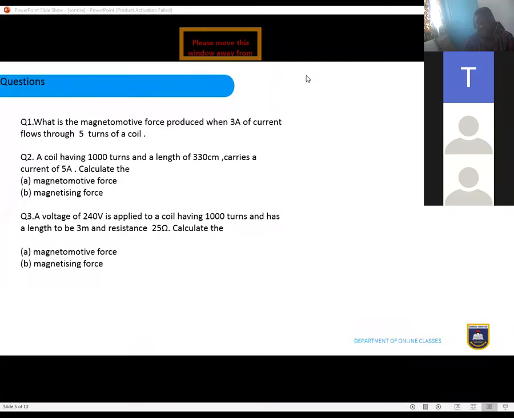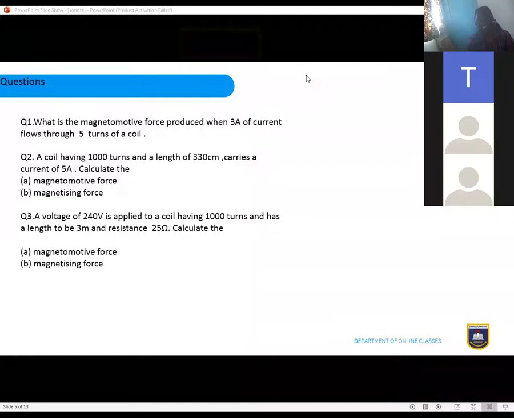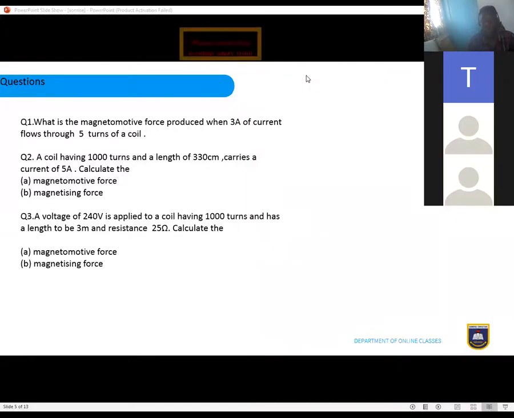You can either say ampere or ampere turns, it is correct. The turns is just added because you multiply with turns. There's no unit for turns, we just say turns. So you can say ampere or ampere turns. You know what I'm talking about.